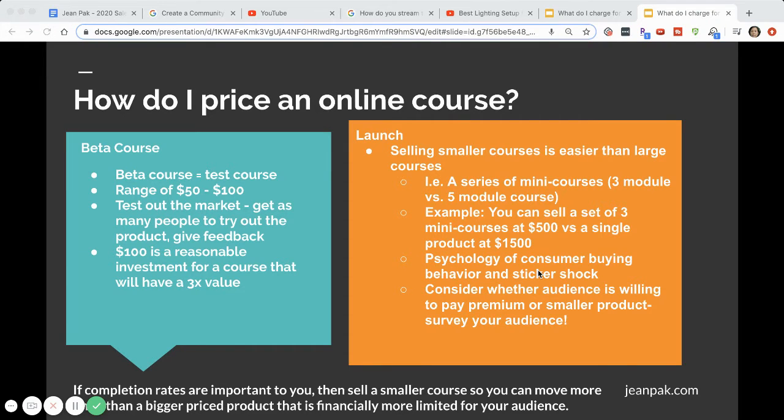Once you get that beta course and you get the sales from there, you can use that to invest in building out a bigger product and a bigger launch. Now, here's where I'm going to differ, and this is based on some recent experience with an engineering group that I consulted for.